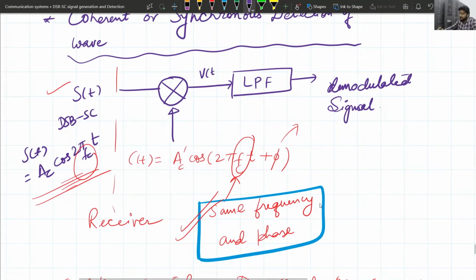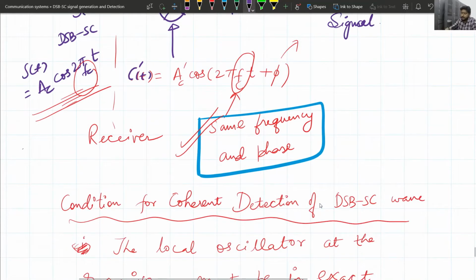Let's call the local oscillator c dash t, not c(t), because we have already taken c(t) as Ac cos 2 pi fc t.